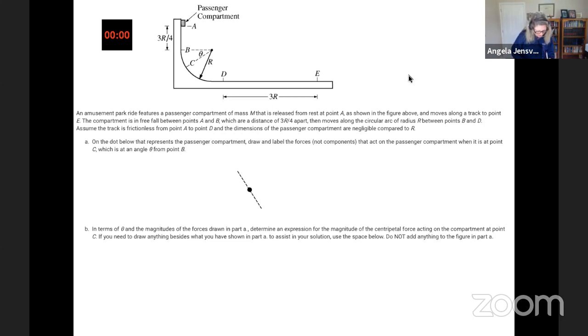So we have force of the earth on the compartment, and then we have normal of the track on the compartment. Hope you guys got that.